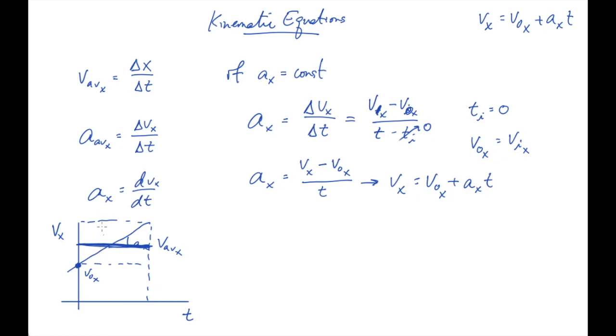One, halfway in between these 2 values, and the other one, setting it equal to this. So we're going to write average velocity in the x direction, v average x, equals, from our definition, delta x over delta t. And then from over here, it equals half the final velocity plus the initial velocity, the average right in the middle of a linear function.